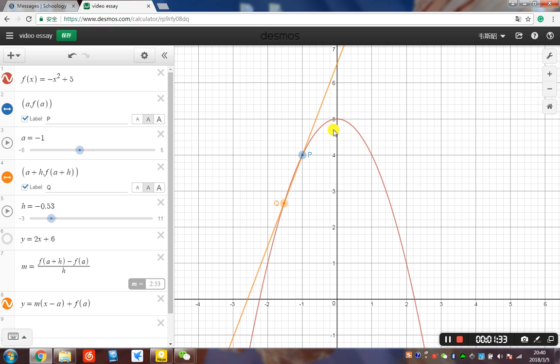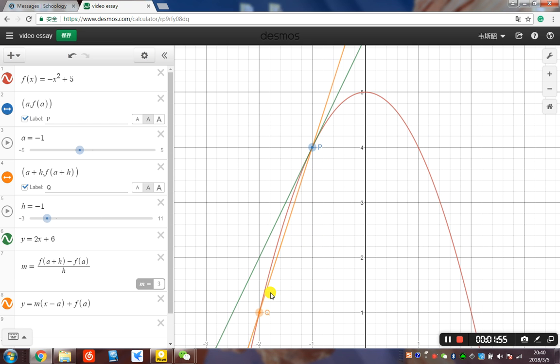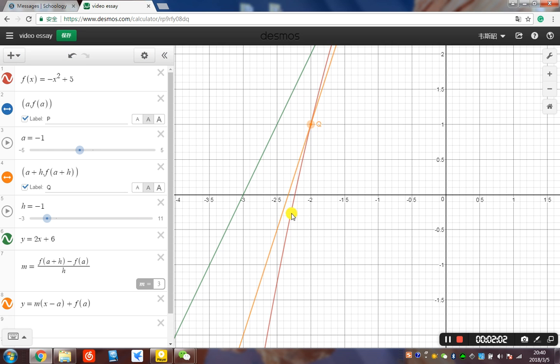So this is the secant of the PQ points, and here is the tangent at point P. When the h value is a negative number, if we change the h value and make it approach 0, we can see that point Q is approaching point P. We can also see these two lines, the secant line and the tangent line, getting closer, or getting similar.